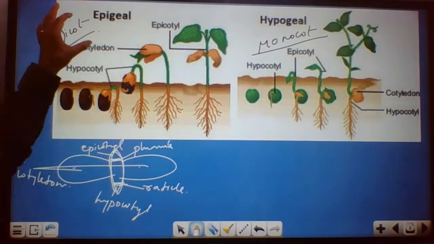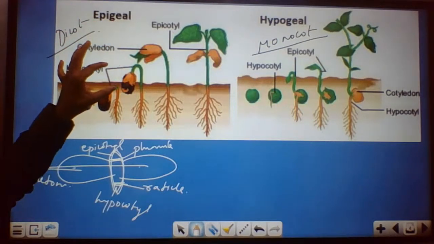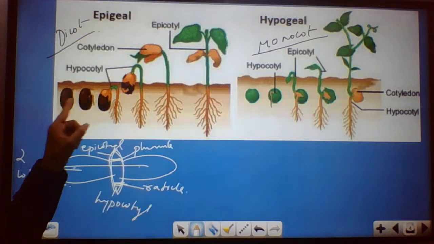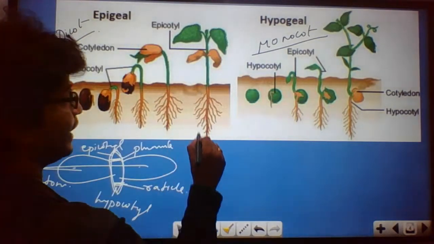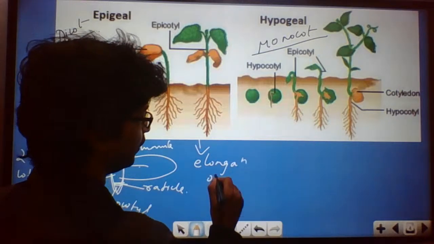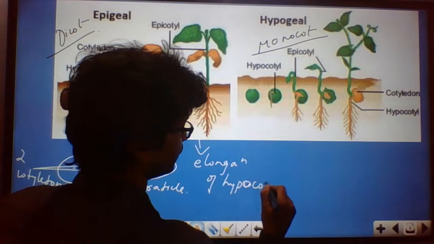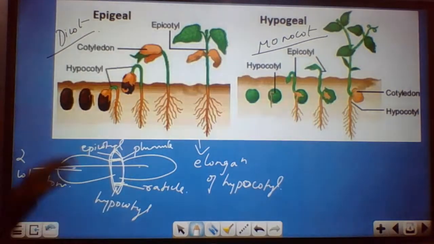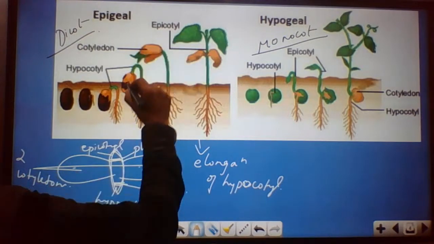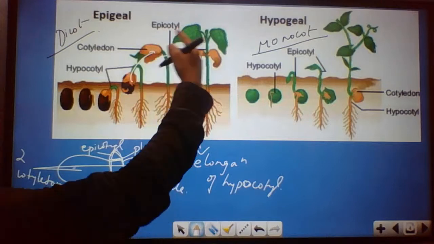So what makes the epigeal type of germination? In epigeal germination, you could see the elongation of the hypocotyl takes place in dicot plants. At the time of germination, the seed sprouts out and gets exposed outside.